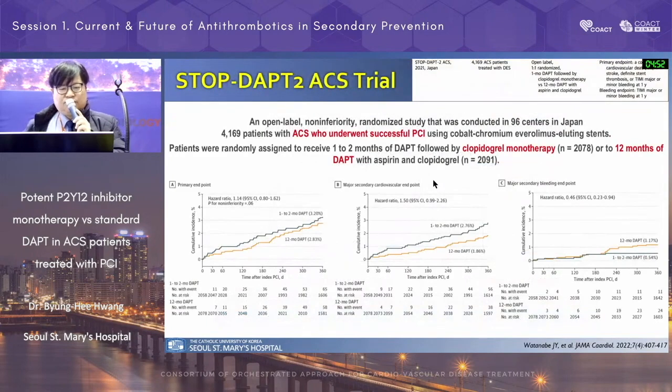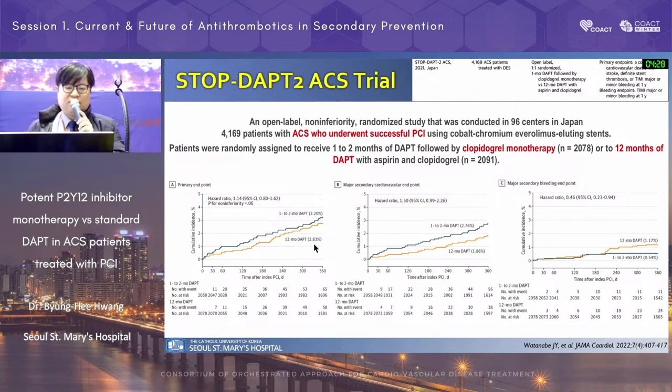The STOPDAPT-2 trial showed no difference in the primary endpoint, major secondary cardiovascular events, between 1 or 2 months of DAPT and 12 months of DAPT, but there was a much lower major secondary bleeding endpoint. There is a difference between 1 to 2 months DAPT and 12 months DAPT, but not statistically different.